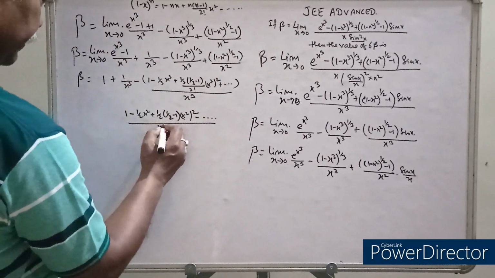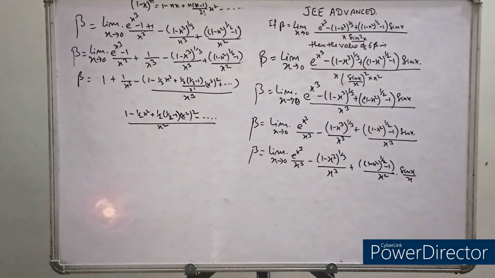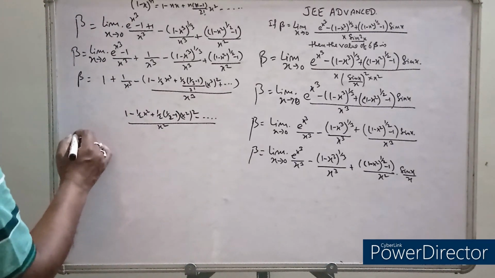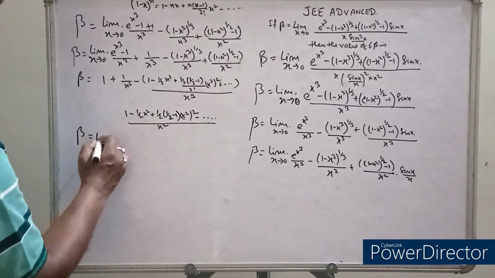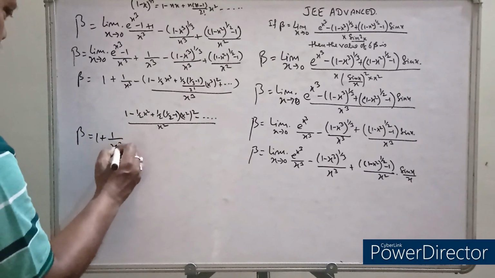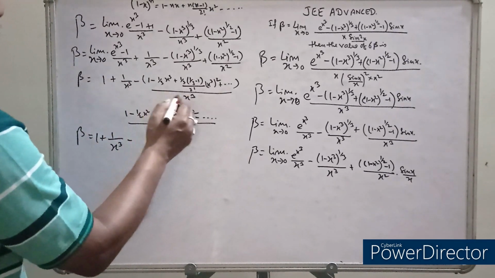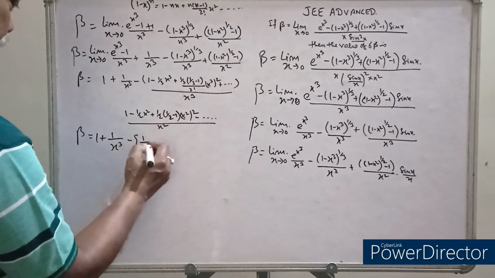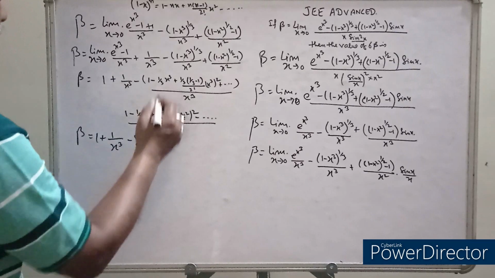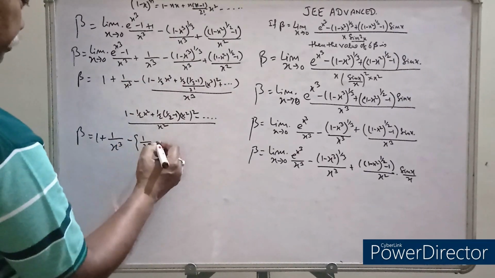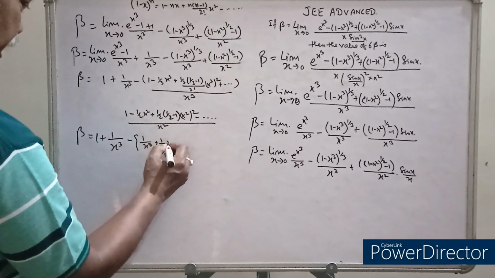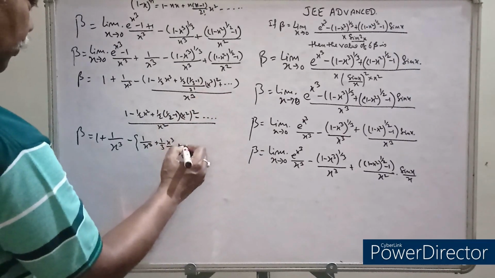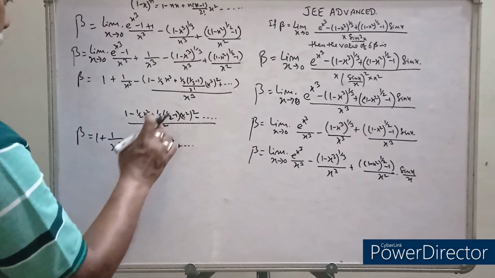So here you see that beta is equal to 1 plus 1 by x cube, and here this will be like this, 1 by x cube, minus minus plus 1 by 3 x cube by x cube, and similarly it will go in this way.